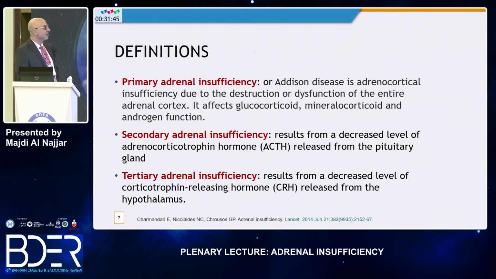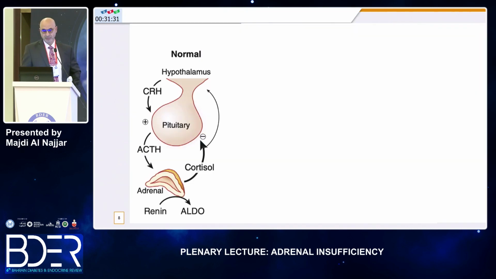Some definitions here: primary adrenal insufficiency, or Addison disease, is the defect in the adrenal gland itself. Secondary is the pituitary gland, in which we have low ACTH production, and tertiary affects the hypothalamus, in which we have low production of CRH. Just a quick HPA axis, this is the normal. The hypothalamus produces CRH, stimulates the pituitary gland to produce ACTH, which affects the adrenal gland to produce cortisol, and then we have negative feedback.